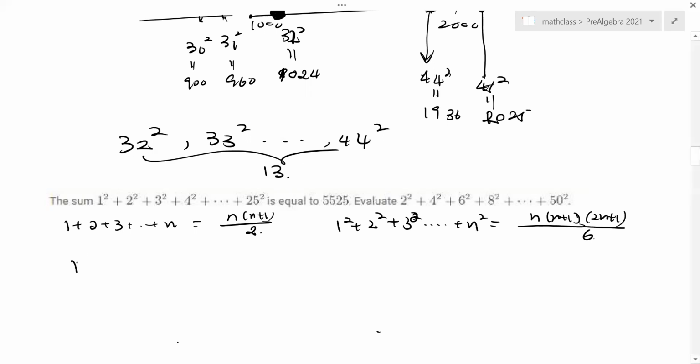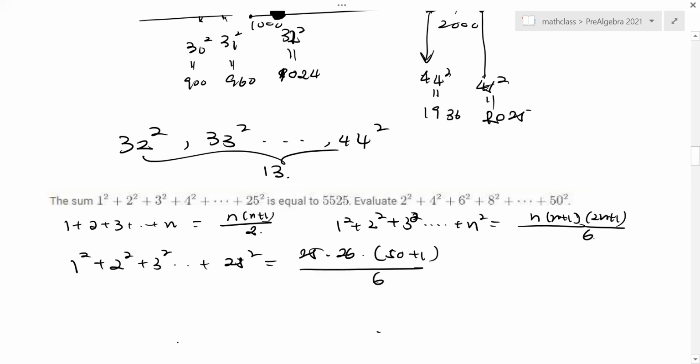Let's double check. 1 squared plus 2 squared plus 3 squared all the way to 25 squared is 25 times 26 times double of 25, which is 50, plus 1, 51, divided by 6. I want to double check that 5,525 is the correct number.